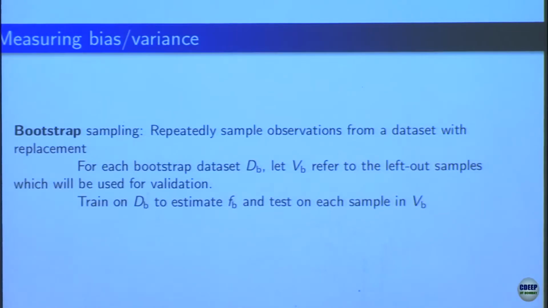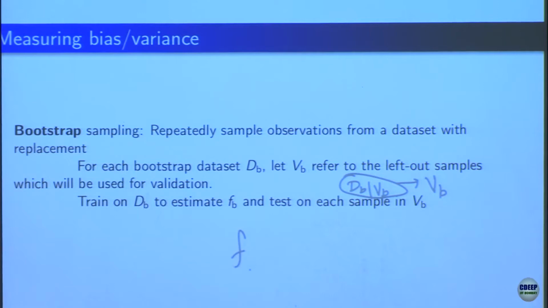And that's why we design the data set into train and test data sets. Repeatedly sample observations from a data set with replacement. You take one sample, and for each bootstrap sample, leave out some samples. That's what you do. So you keep your dB, and from that you subset VB, the left out part, right? So you have dB minus VB.